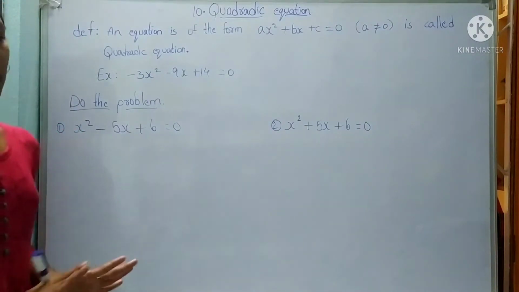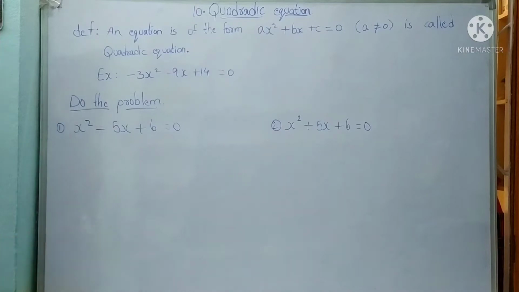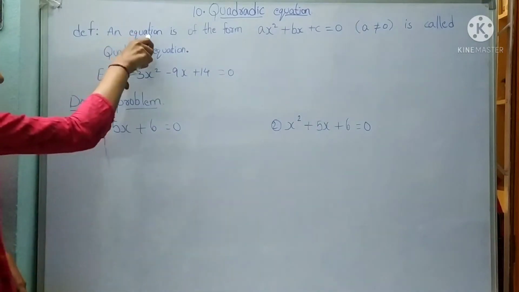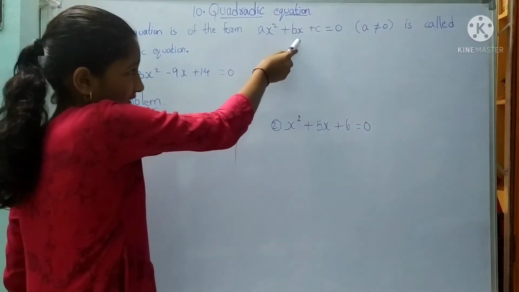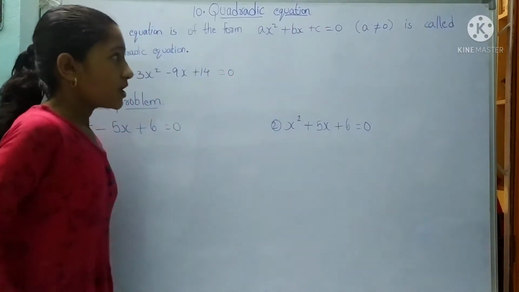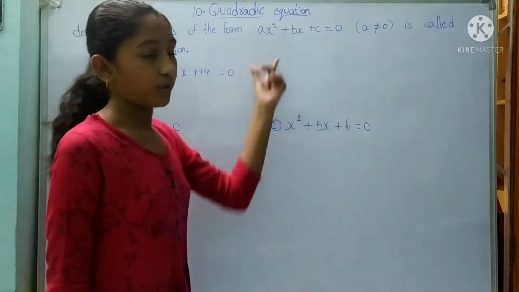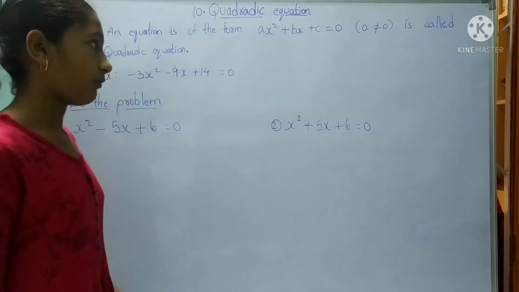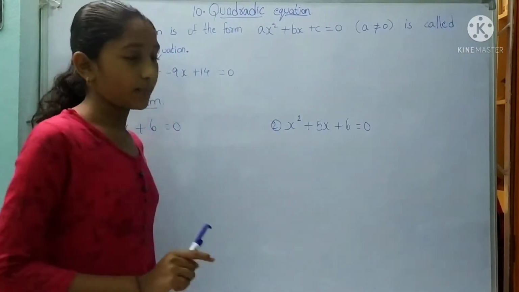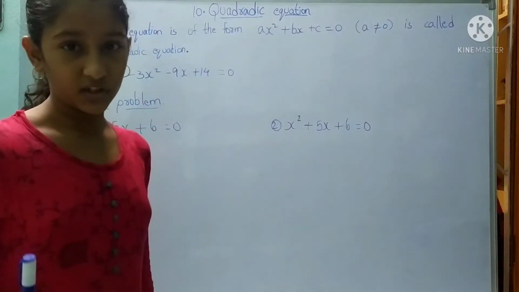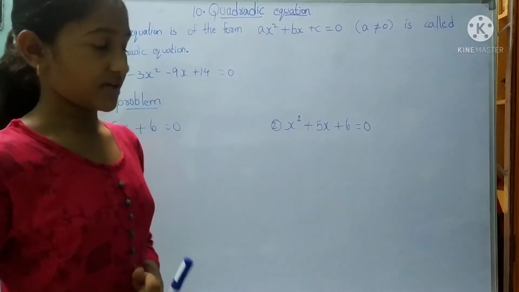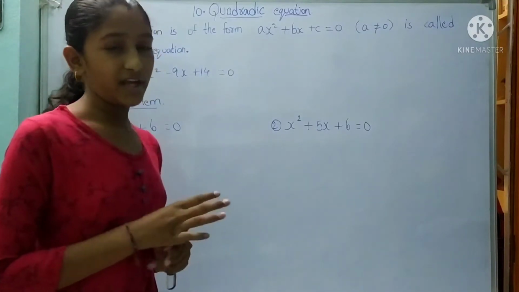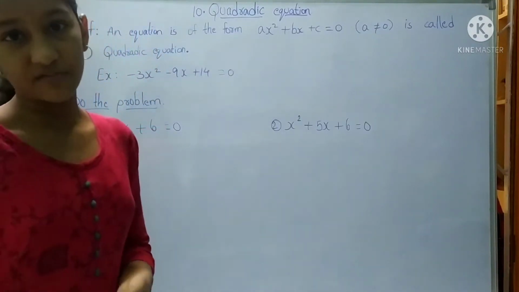So the definition of quadratic equation is an equation of the form ax square plus bx plus c is equal to 0. This is the form of quadratic equation, like ax plus b is equal to 0 is the simple equation form.